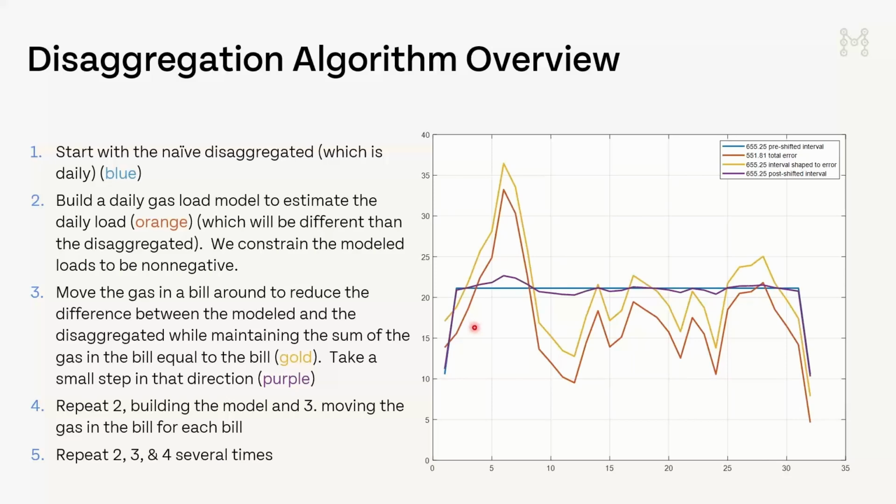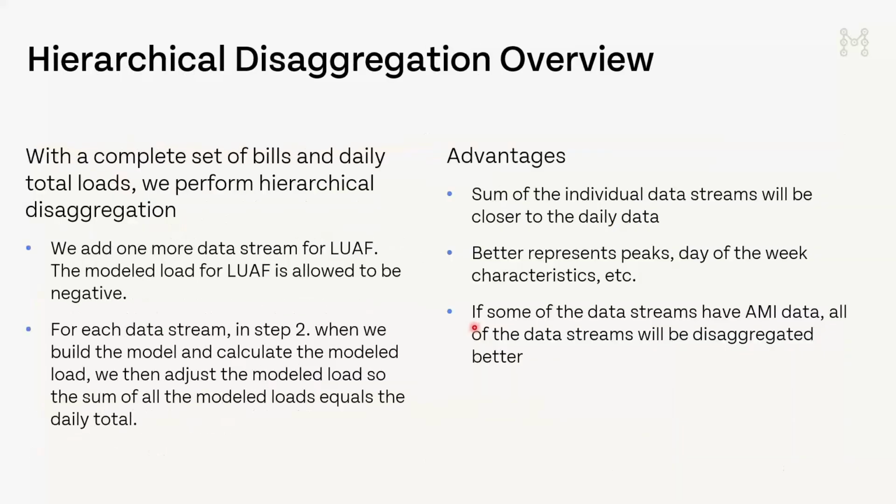What's interesting is that something that we've developed this year is a hierarchical disaggregation, where basically if we have a complete set of bills and we have the daily total load, then we're able to do the lost and unaccounted for.